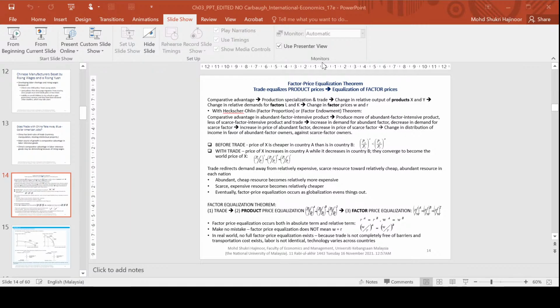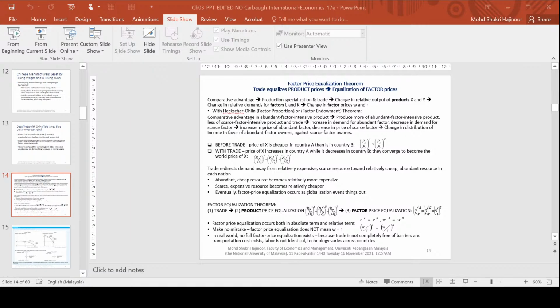This will lead to increase in demand for factors that are abundantly available in the country. If the country has capital, this will lead to use of more capital. If the country has a lot of labor, this whole thing will lead to more use of labor. This will lead to increase in the price of the abundant factor. So a country has lots of capital.